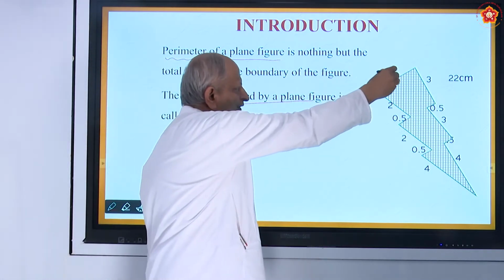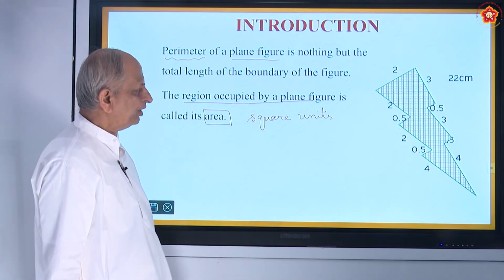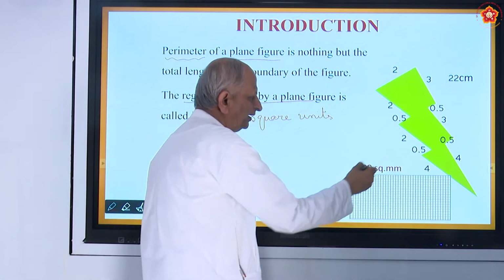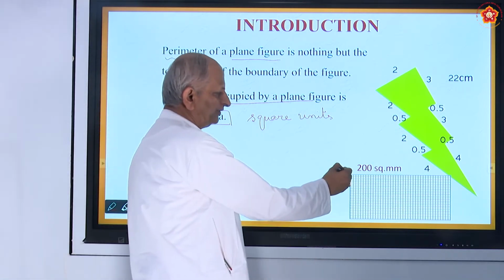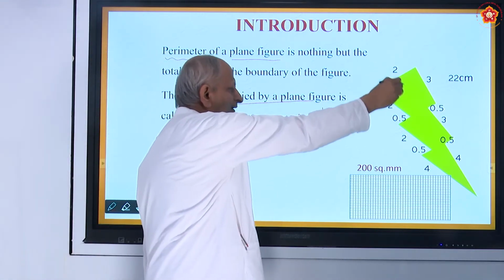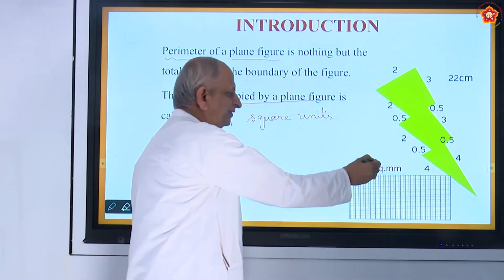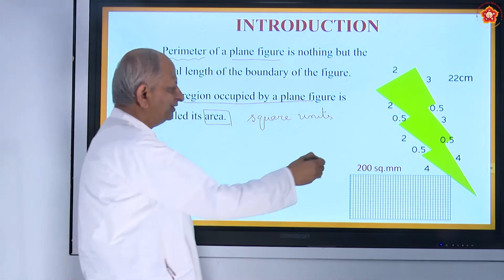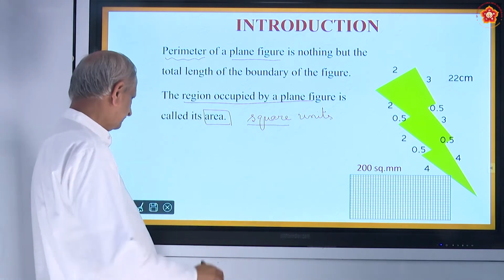So if you convert this figure into small squares, then the area becomes 200 square millimeters. These are all squares of 1 millimeter dimension, so there will be 200 squares of each side 1 millimeter. That is what is called the area, and the area must be written in the form of square units.